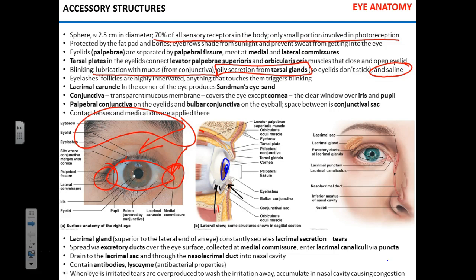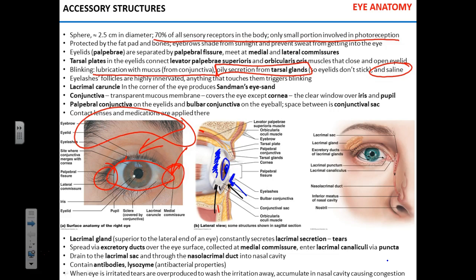Conjunctiva can be bulbar, the one that's on the eyeball, and palpebral. Palpebral conjunctiva covers the interior surfaces of the palpebrae. Does that make sense? Essentially, when I pull it out and you see that pink layer, that's palpebral conjunctiva.